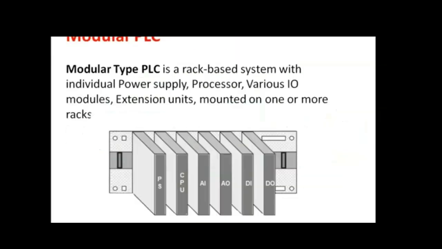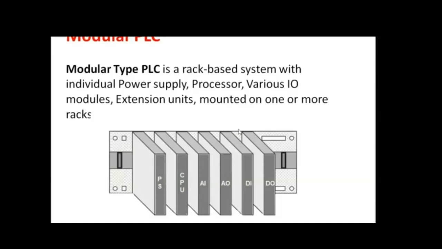Okay, this is how a modular type of PLC is. Here we have a rack at the back side. All the CPU modules, the analog input module, digital input modules, all these are connected to the rack inside the PLCs. Each and every module here gets power supply using the power supply module.